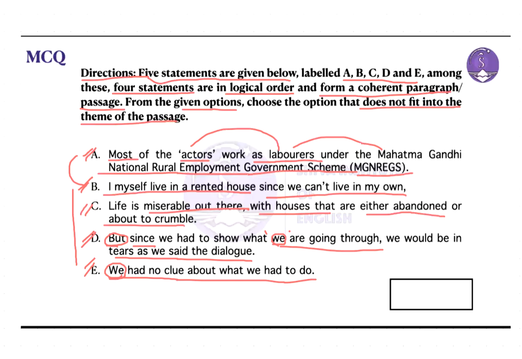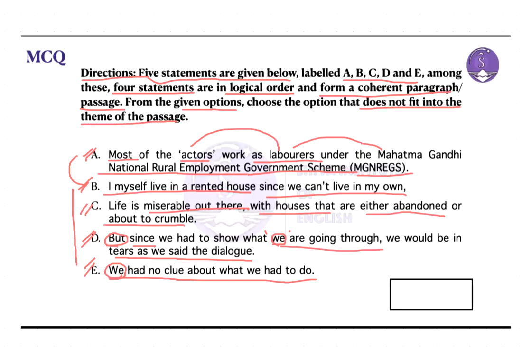So if we consider which one will be the introducing part, we cannot go with option B, sorry, option D, because it begins with but. But at the same time, we also cannot ignore that any sentence in the jumbled sentences or jumbled question can begin with it.